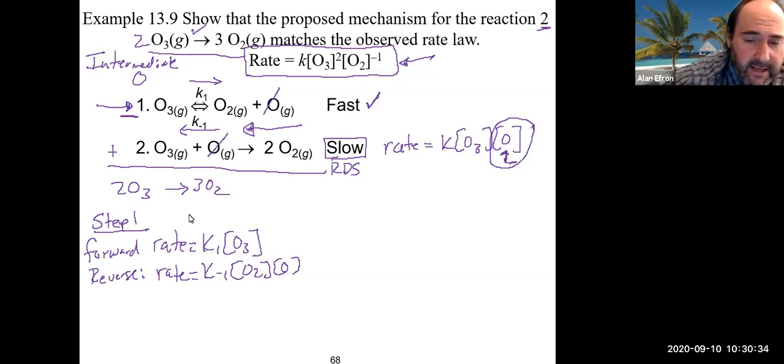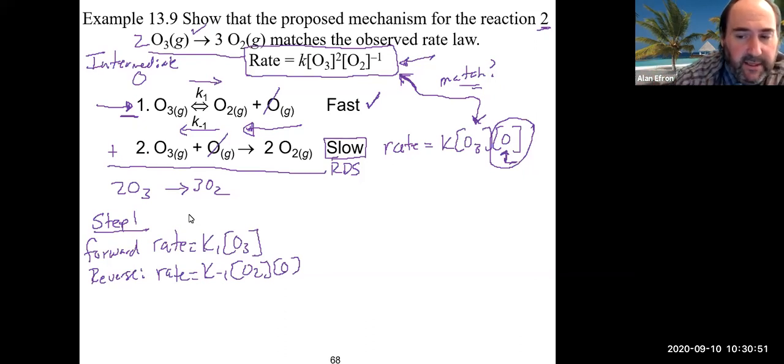So in these mechanism problems, a lot of times they will give you the experimentally found rate law, which is this guy. And your goal is to go, this is the rate law for the slow step. Do they match? And if they do match, what that means is this is possibly a good mechanism. If they don't match, then it's a bad mechanism.